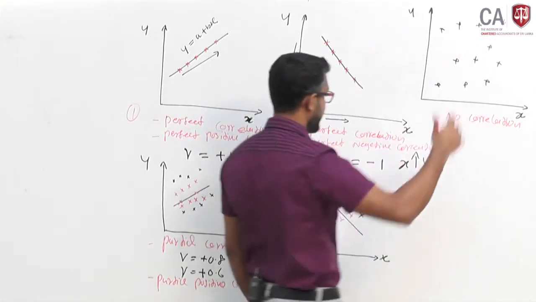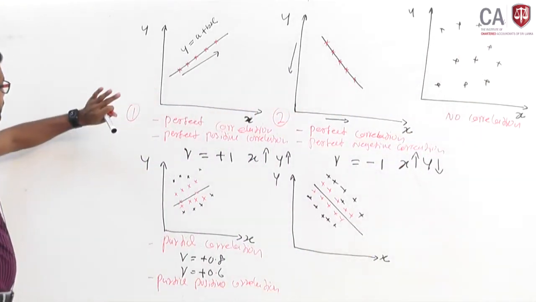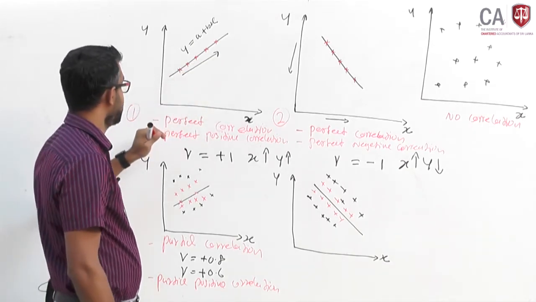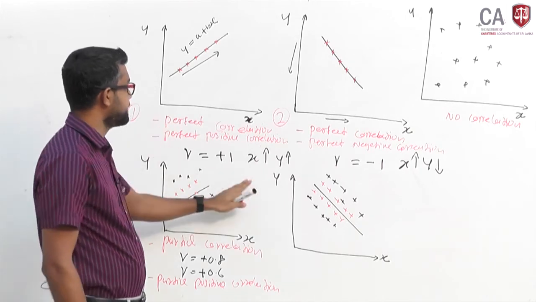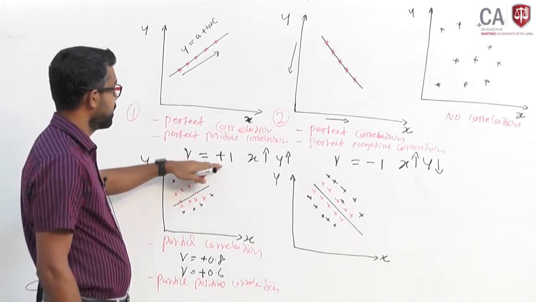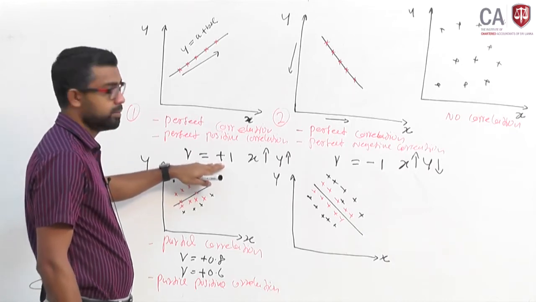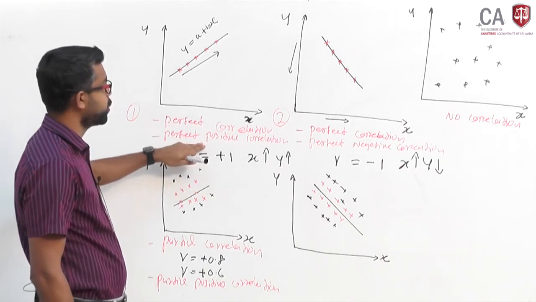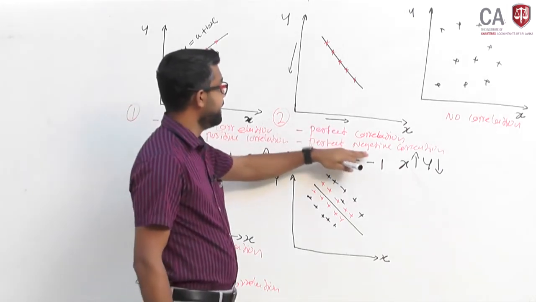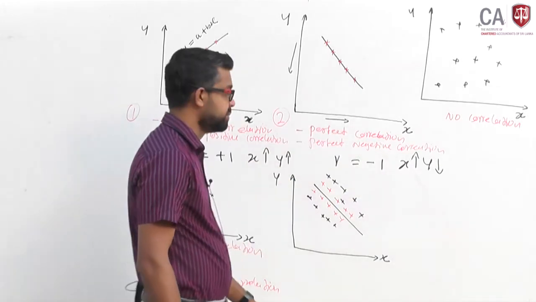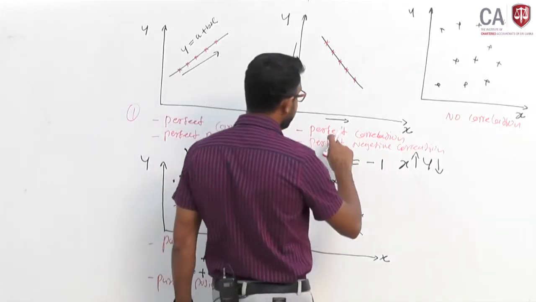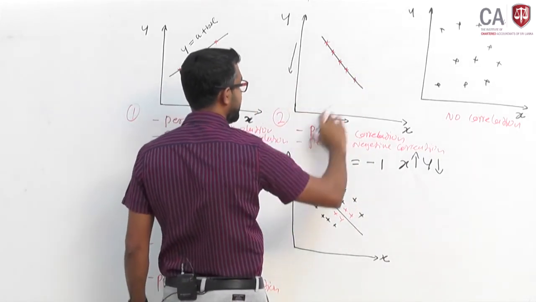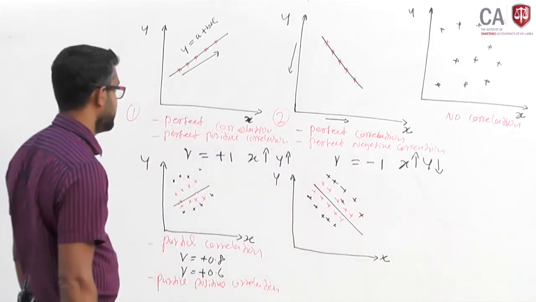Here, no correlation. Now what you can observe here: if variables are on the line and if x and y both increase, the coefficient is exactly +1, which is perfect positive correlation. Here, if one variable increases while the other decreases, that is negative correlation, but if all variables are on the line, perfect negative correlation.